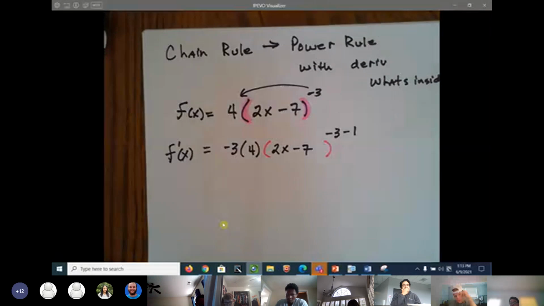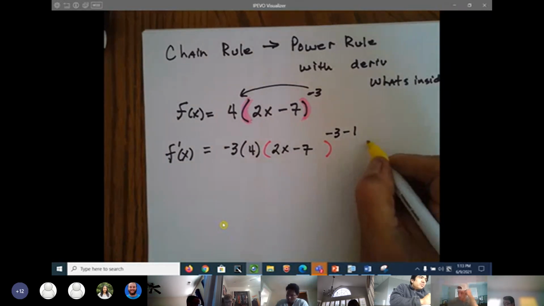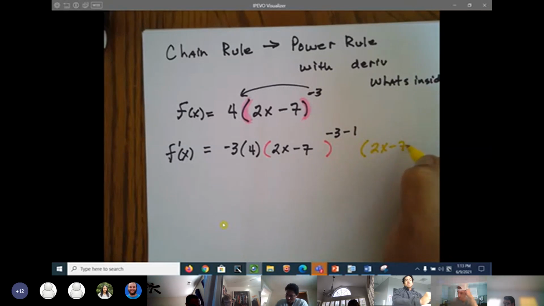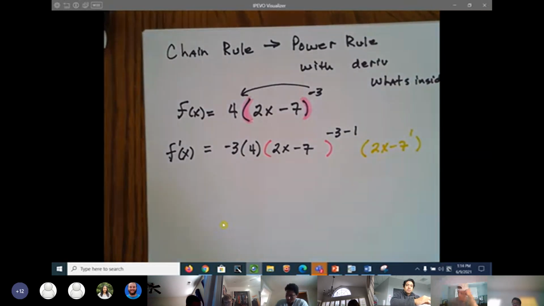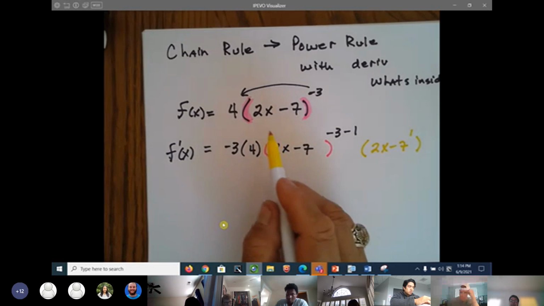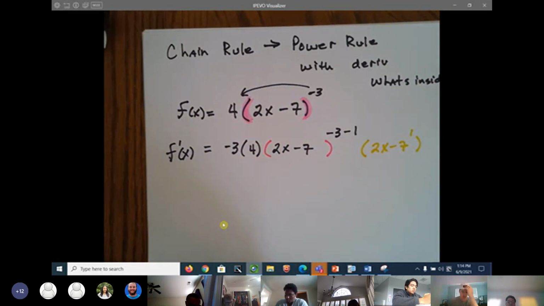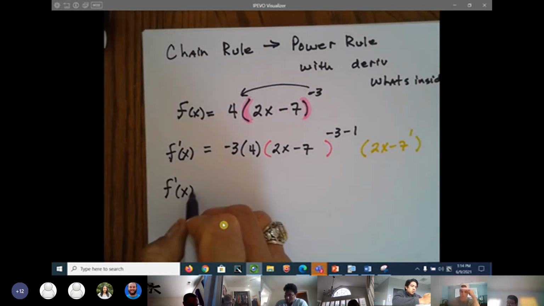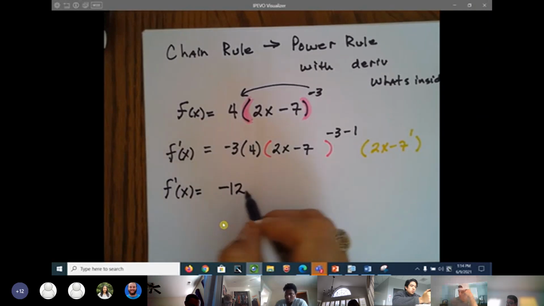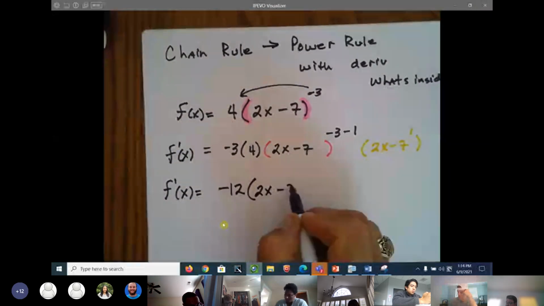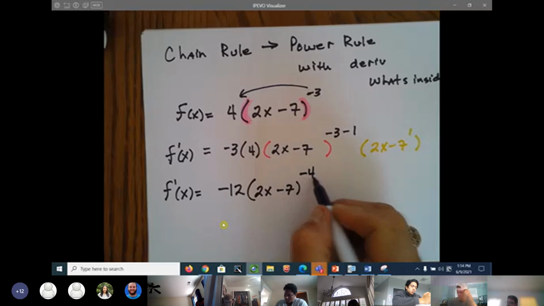And then you have to take the derivative of what's inside the parentheses, so I'm going to say (2x minus 7) prime, because I have to take the derivative of what's in the parentheses and put it back in the problem. So f prime of x is equal to negative 12 times (2x minus 7) to the negative fourth power.